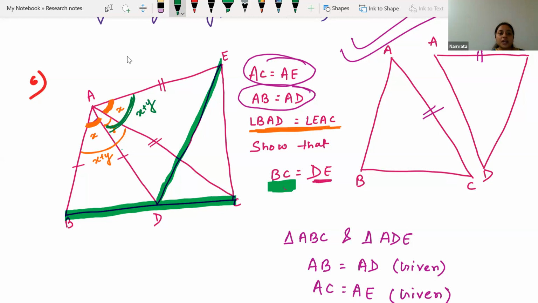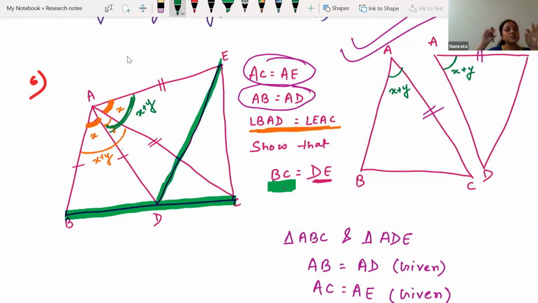So I am going to write now angle BAC became X plus Y, and that angle EAD totally became X plus Y. X and X was given as same, BAD and EAC was given as same.